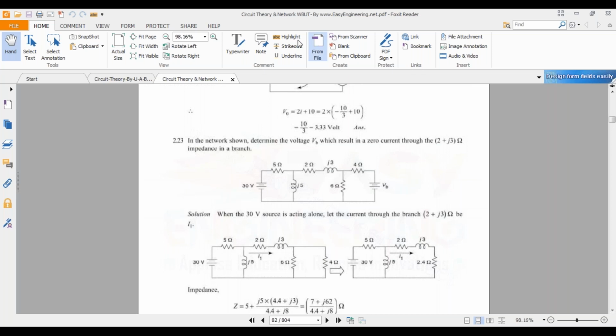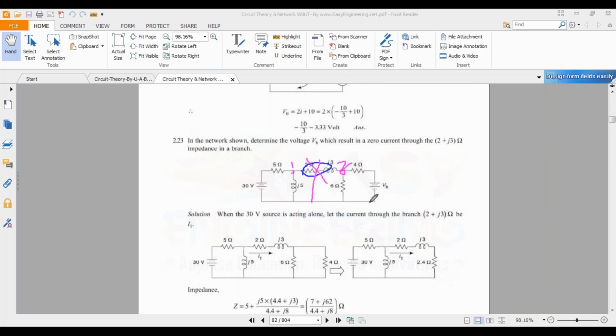In order to pass zero current through this branch, the voltages at the two nodes of this branch should be equal in magnitude and phase. Whenever the voltages at node 1 and node 2 are equal, no current flows in this branch.